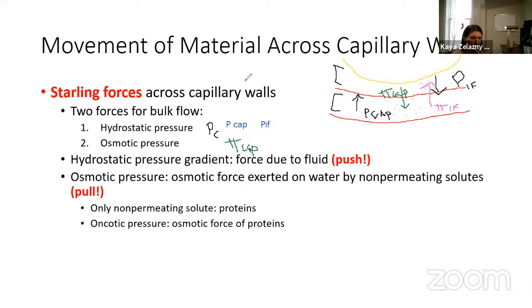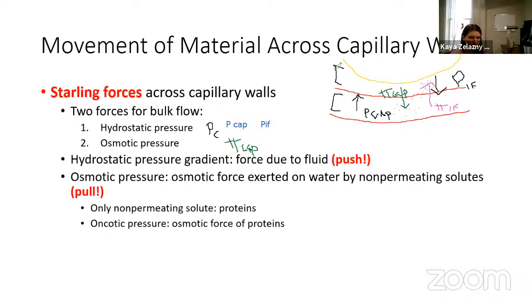So in order to figure out, as we will later, whether overall we're going to see movement of fluid, of water into the interstitial fluid or into the blood, we're going to have to compare basically these four variables: the hydrostatic pressure of the capillary and of the interstitial fluid, the osmotic pressure of the proteins in the capillary versus the proteins in the interstitial fluid, because each of these is either pushing or pulling on water, right?